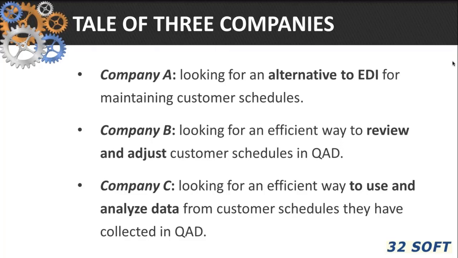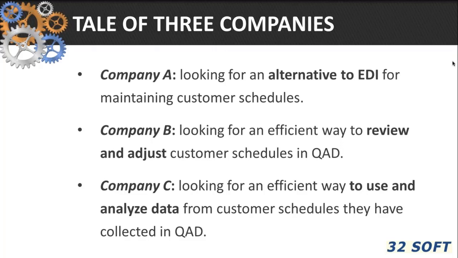This company B might also have a portion of their schedules coming from non-EDI customers, so they need to be entered manually. And the third company is company C, and this one is looking for an efficient way to use and analyze data from customer schedules they have collected in QAD. Did the customer change shipping requirements?